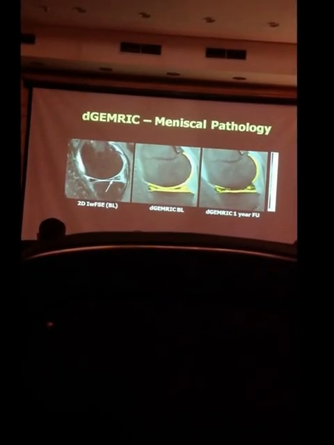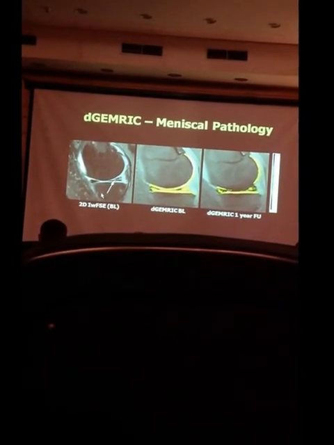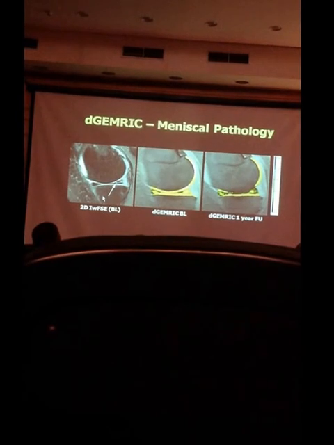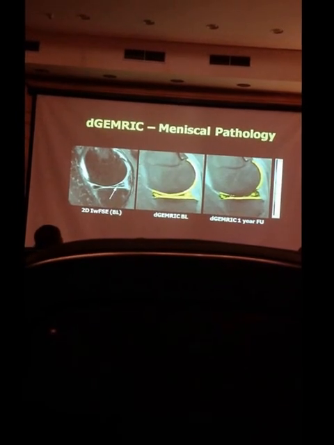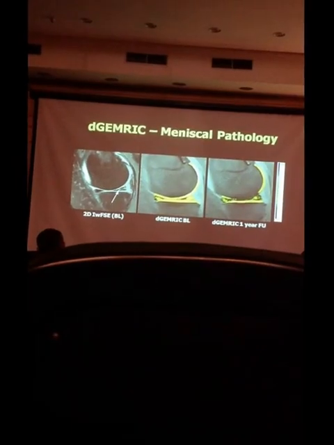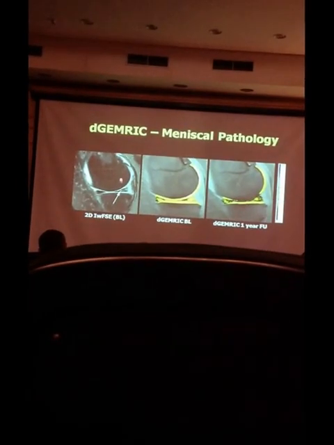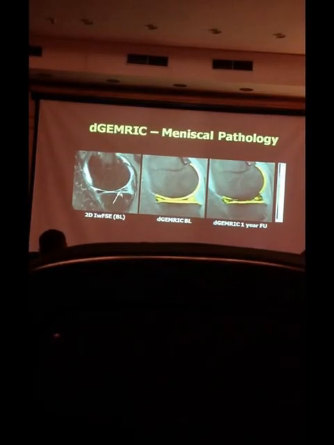And this is an example to show you how we can monitor the GAG content using the dGEMRIC regarding the presence of meniscal pathology. So you can see here on your left a typical horizontal meniscal tear, and you see at baseline how the dGEMRIC colors were.